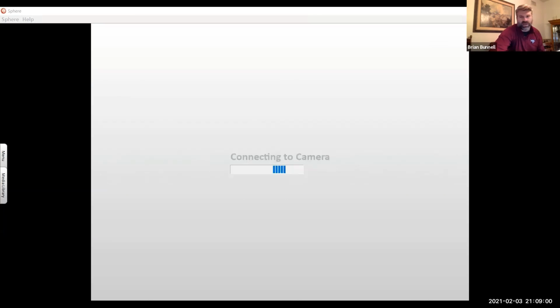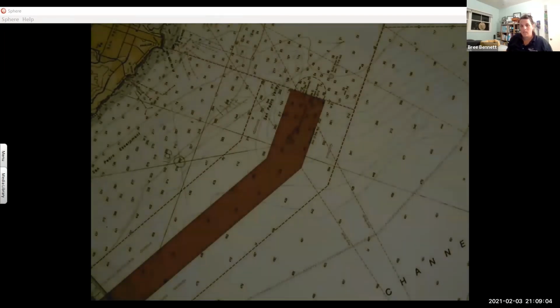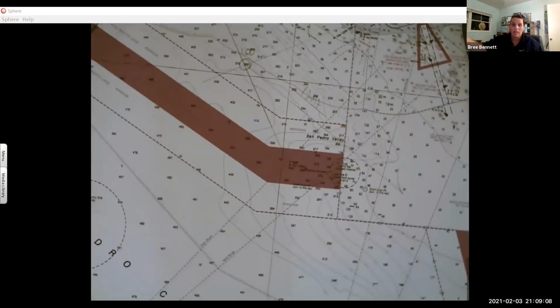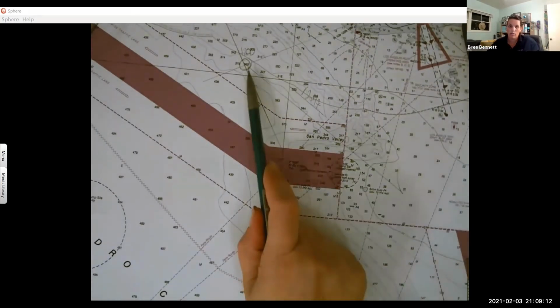Are we supposed to write the time at the point where the bearings are taken? Yes. So I've labeled it here, my LOPs, I circled it and put a time.